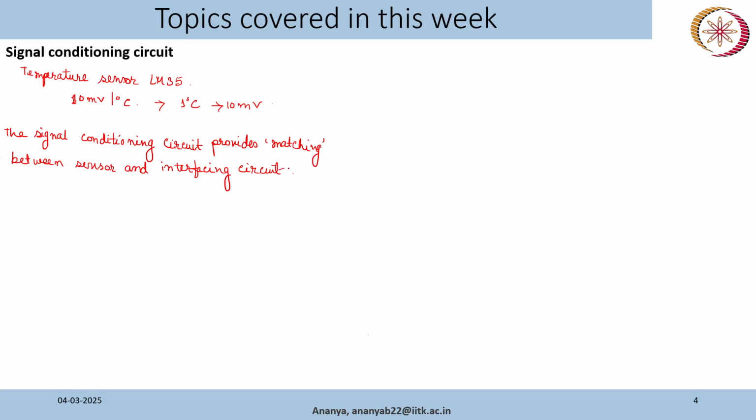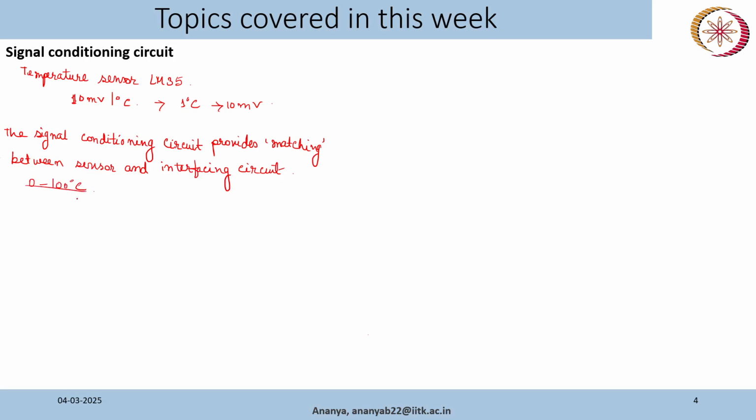Okay. Now, what was discussed in the class was that the range of this sensor is very large. I don't remember the exact value, but we are interested only between 0 to 100 degrees Celsius.